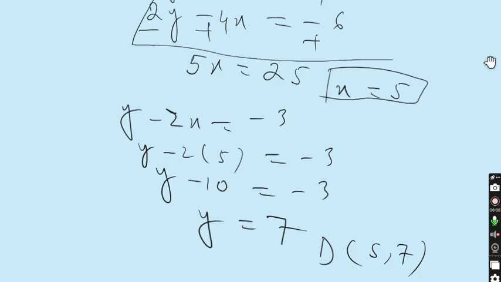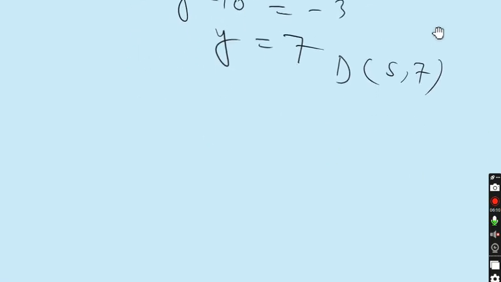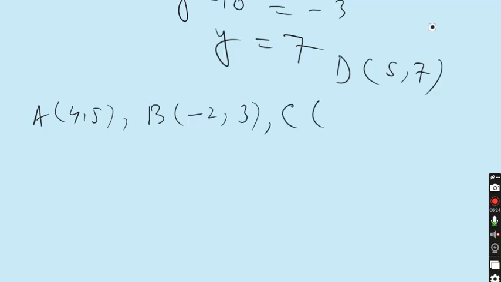Now you can easily find the area of trapezium. This is the main requirement of the question. So first write the coordinates of all the points. A is given in the question, 4, 5. B is given in the question, negative 2, 3. C is given in the question, 1, 9. And D we just found, 5, 7.